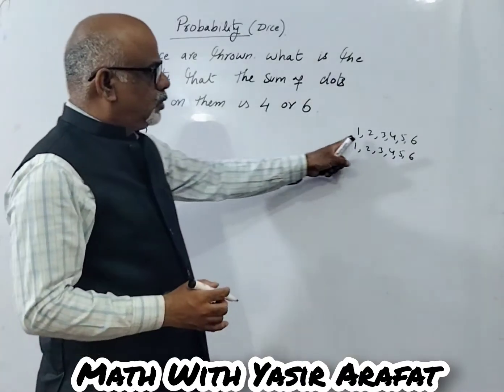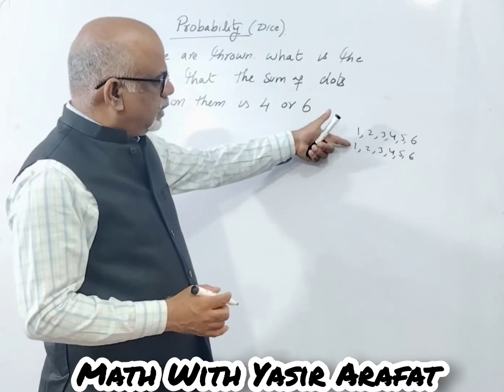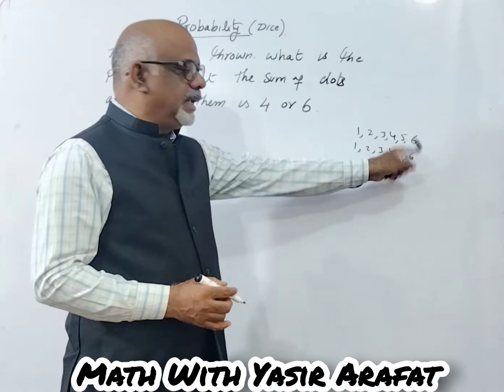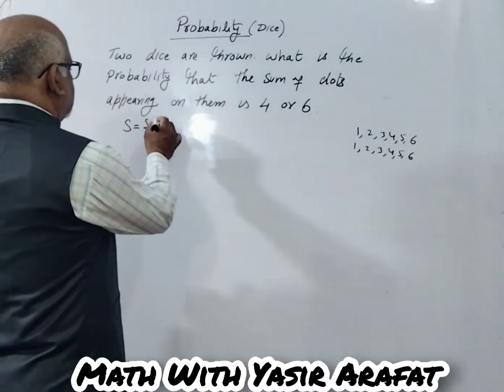So here, two dice are thrown. What will be the ordered pairs here? 1, 1, 1, 2, 1, 3, 1, 4 till 1, 6, and we have to find all their ordered pairs.